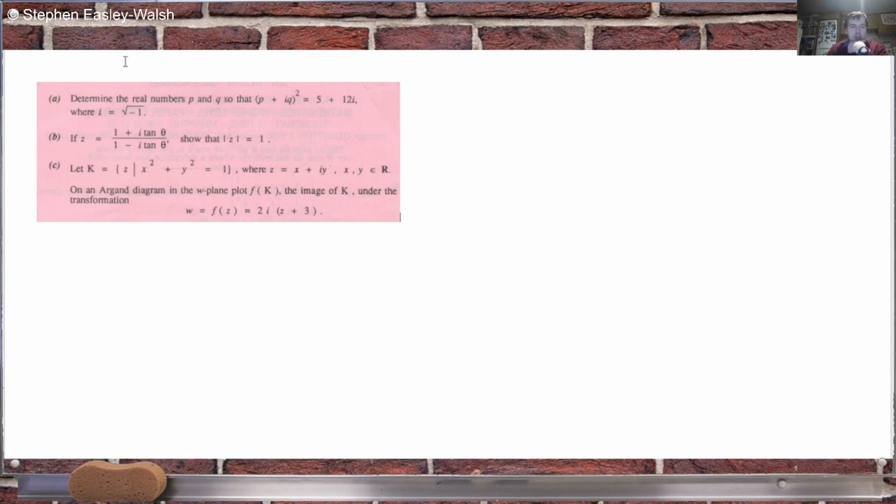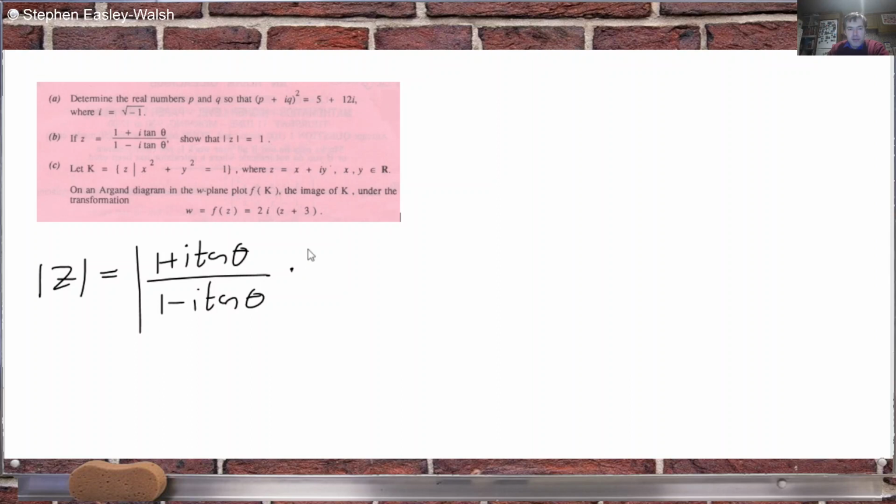We want the modulus here. So the modulus of z will be the modulus of this, and I should rationalize here. So I'll multiply above and below by 1 plus i tan theta.